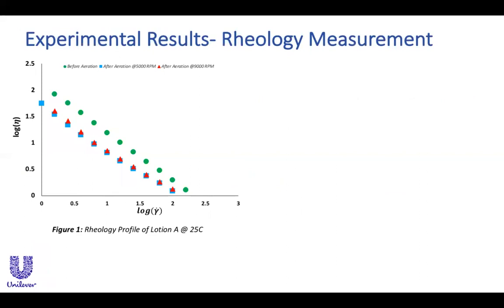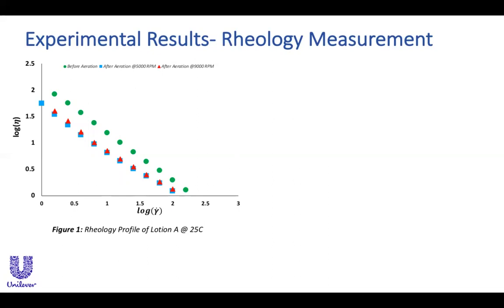Due to company confidentiality, the team could not discuss which specific products and brands we performed our experiments on, so the experimental results above we will refer to as Lotion A. As previously stated, having a low viscosity is key for the desired sensory we are trying to achieve. Following aeration and homogenization at 5,000 and 9,000 RPM, we used the rheometer to develop a rheology profile, which essentially plots the viscosity versus shear rate of the lotion.